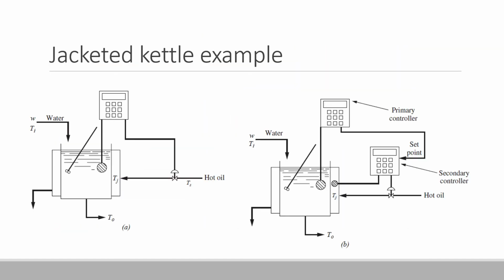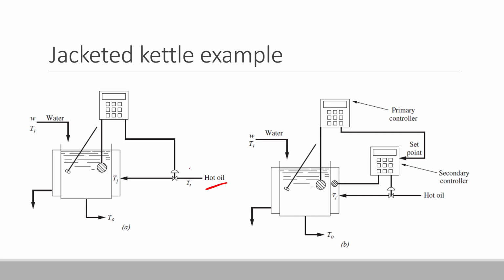So there is this additional example that you can take a look at. This is an example of a jacketed kettle, whereby you use this cascade control in order to regulate the temperature of the given system. So over here, let's say I'm having a feed of water, and I want to change the temperature of the given system having water by using a jacketed kettle, which is having the hot oil as the heating or, you can say, cooling medium.